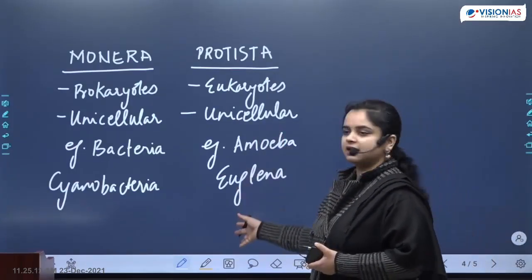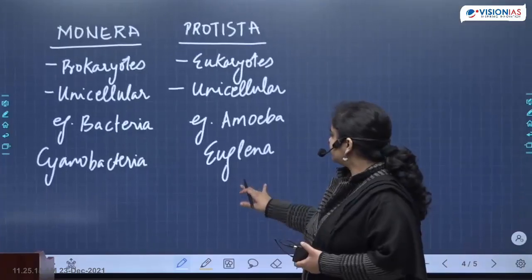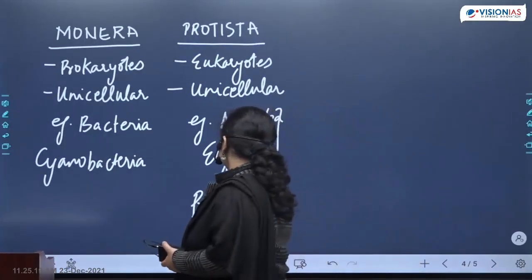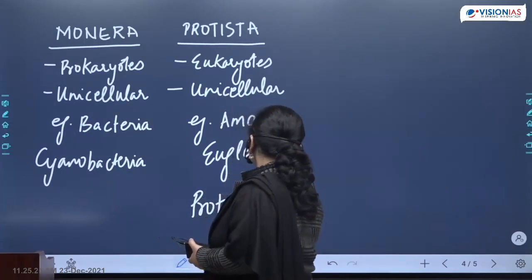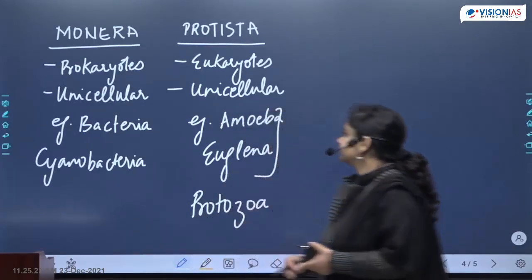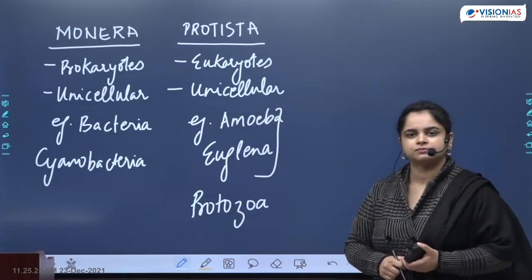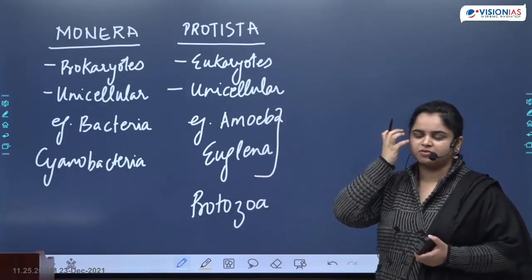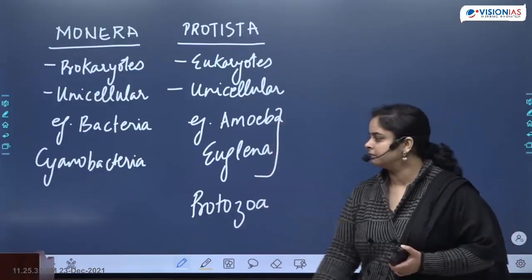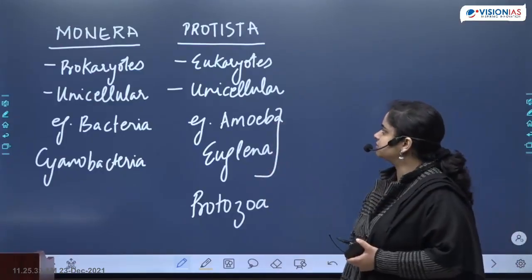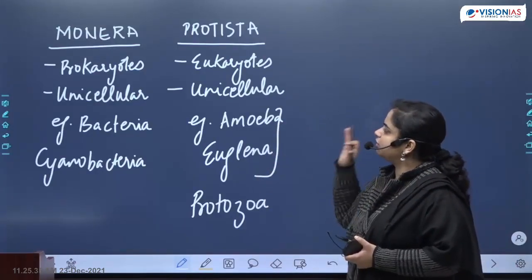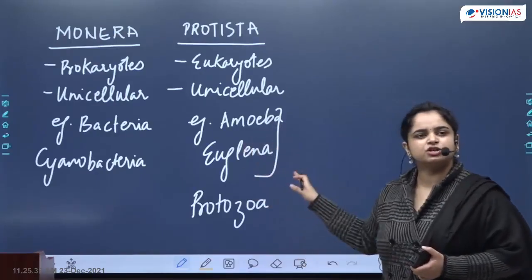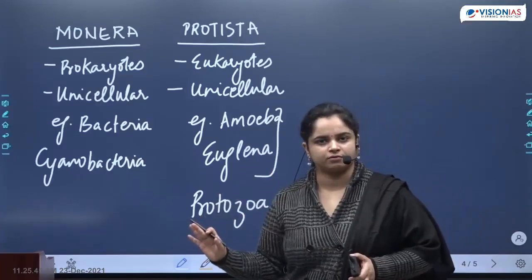Plasmodium also in this category only. Okay, there is a group name for them. We will also use this term when we come to diseases. Protozoa. So this family is also called protozoa, amoeba, euglena or plasmodium. So they are protista. So eukaryotic unicellular, prokaryotic unicellular. So with this, unicellular organisms are over.